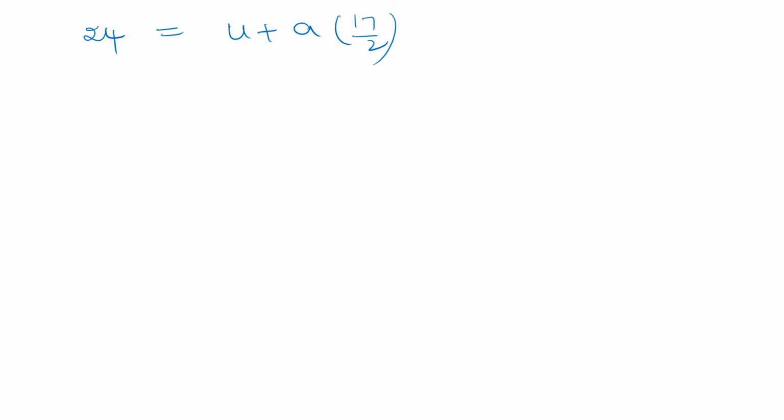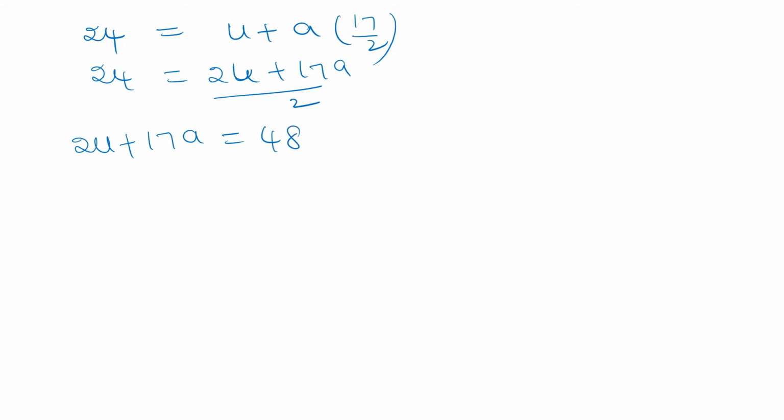So we are getting 24 is equals to 2u plus 17a by 2. Now taking cross multiplication, 2u plus 17a is equals to 48. This is equation number 2.